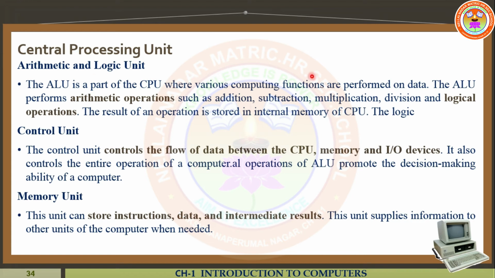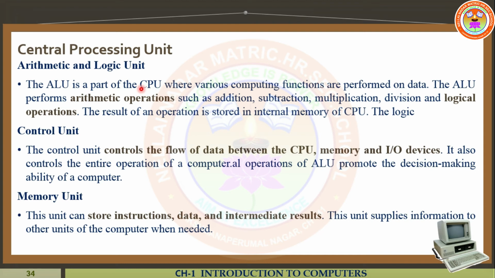Some logical operations also we have to do in this ALU unit. So especially the ALU is the unit that performs both arithmetic operations and also logical operations. The result of an operation is stored in the internal memory of the CPU, then automatically it will perform the actions, and finally the logic should control everything. Okay, so logic also you have to apply as the user.